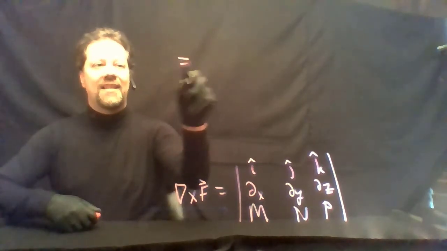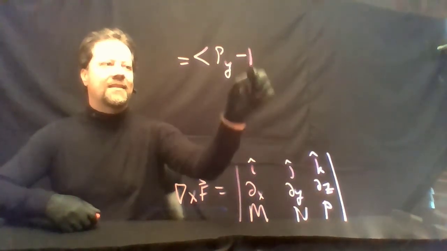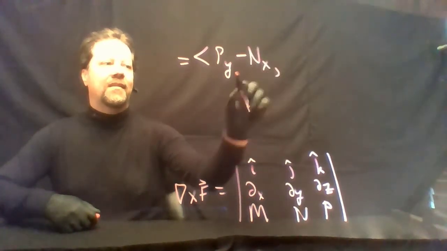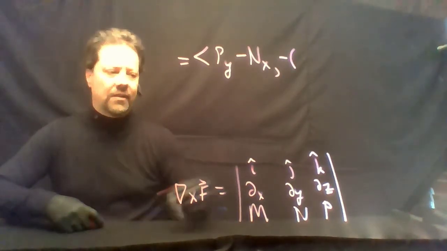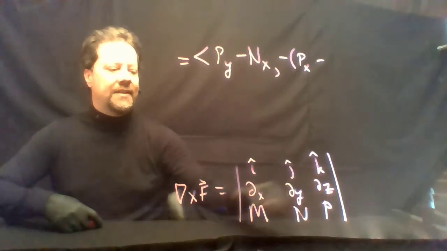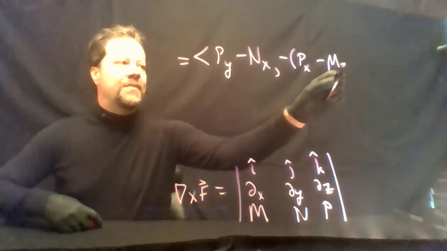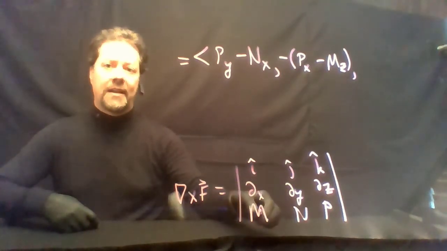You can see then that the curl is going to be py minus nz, comma, and we'll put a preemptive minus for the negative on the middle cofactor, px minus mz, comma, nx minus my.